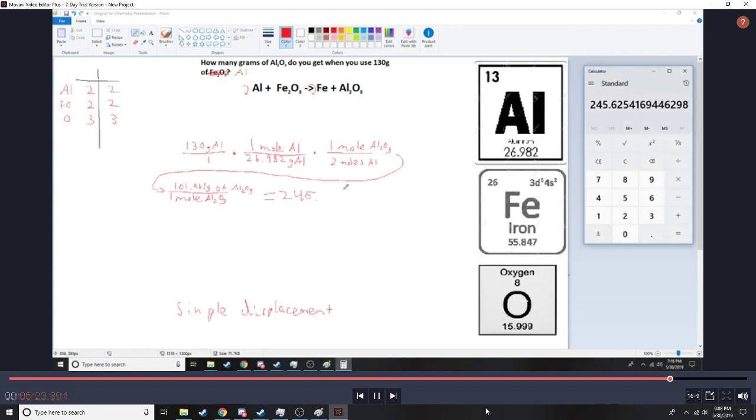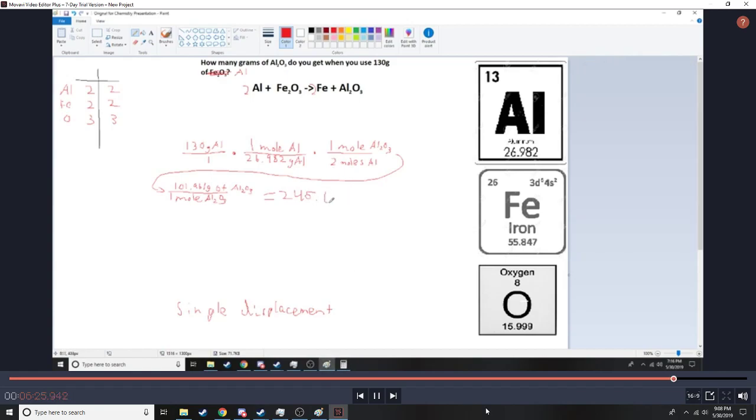So that's a 5, by the way. That is how many grams of Al2O3 we get if we use 130 grams of aluminum in thermite, because this is the formula for thermite.